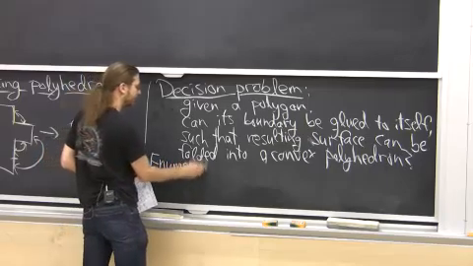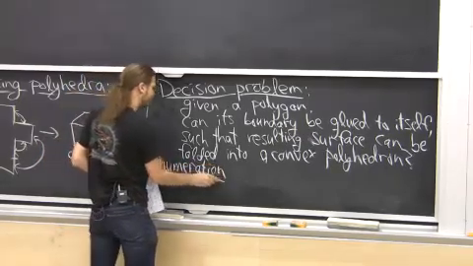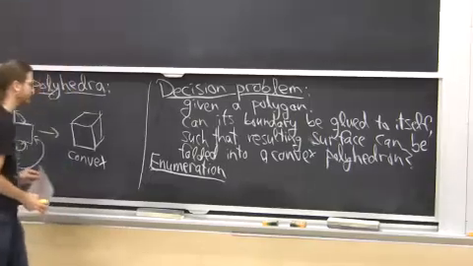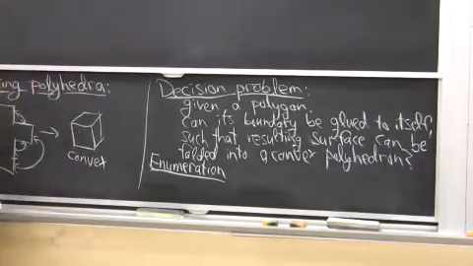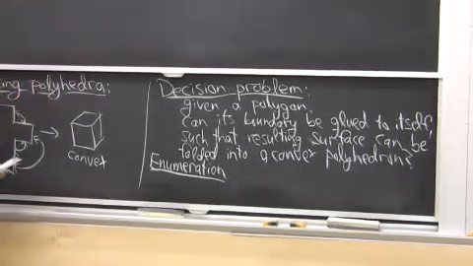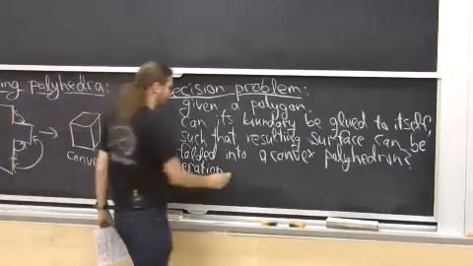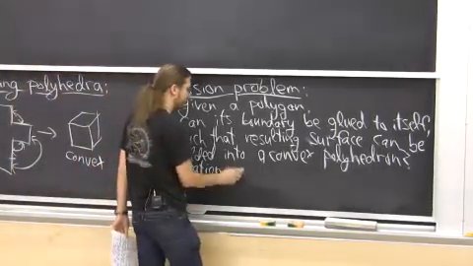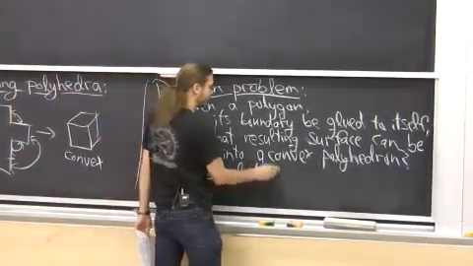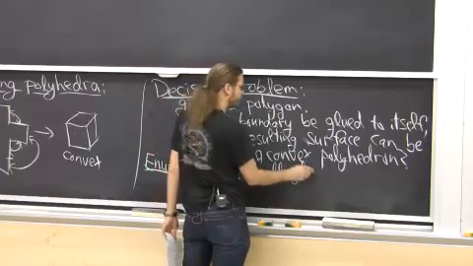Decision is nice, but of course, we'd like to actually find these gluings. I want to actually know that this guy folds into a cube. So there's the enumeration problem, which is list all the gluings and all the foldings.